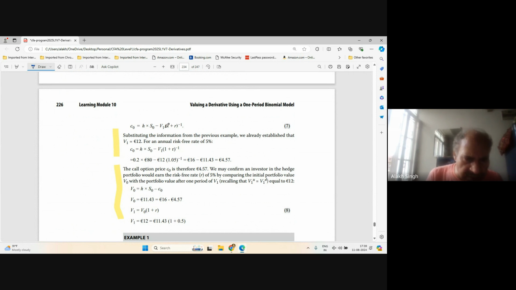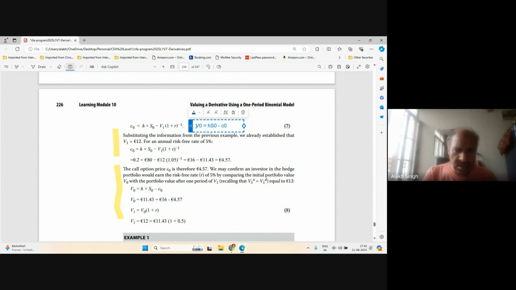Our equation was how to calculate C0. Let me type it here. V0 was equal to H times S0 minus C0.